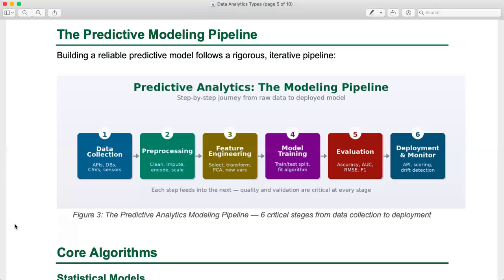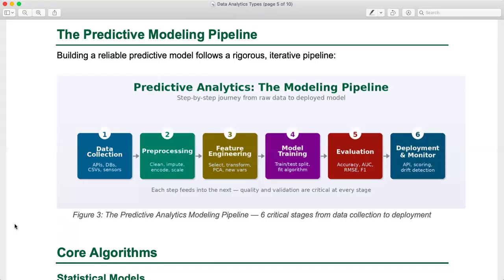Then we go for model training and then evaluation, both parts of the machine learning paradigm. And once we are satisfied with the evaluation, we go for a deployment and monitoring process.